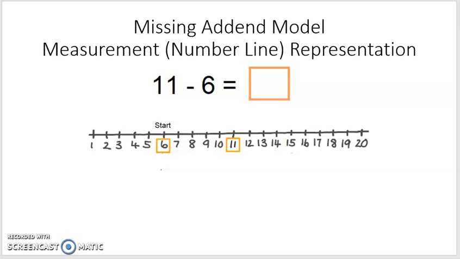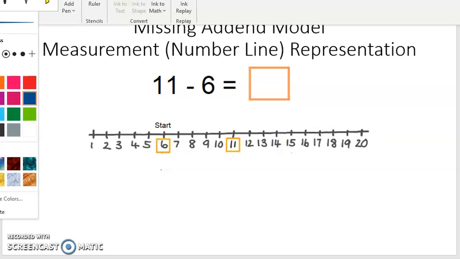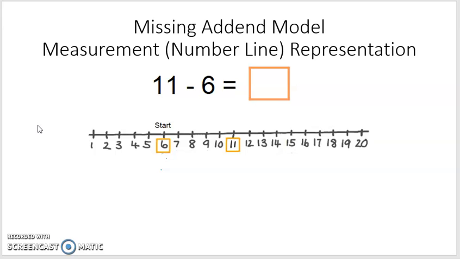Now again, when we looked at the takeaway model, we started at 11 and we walked backwards 6 steps. For the missing addend model, you define this in terms of addition. 11 minus 6. You say, what do I need to add to 6 to get to 11? That's the missing addend. So start at 6 and start walking up the number line until you get to 11. 1 step, 2 steps, 3 steps, 4 steps, 5 steps.